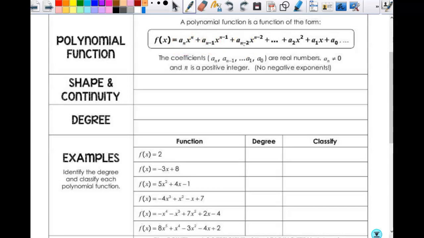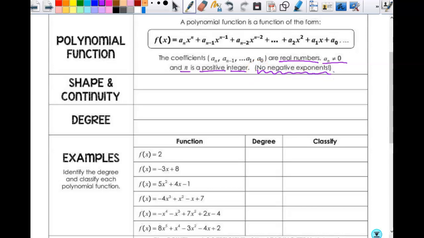Basically, all of your coefficients are real numbers, okay? And a sub n cannot equal 0. And n is a positive integer, right? Which means that you are not going to have fractional exponents and you're not going to have negative exponents. It wouldn't be a polynomial if you did.